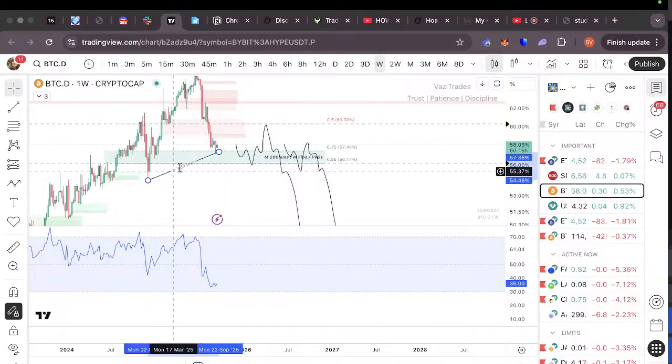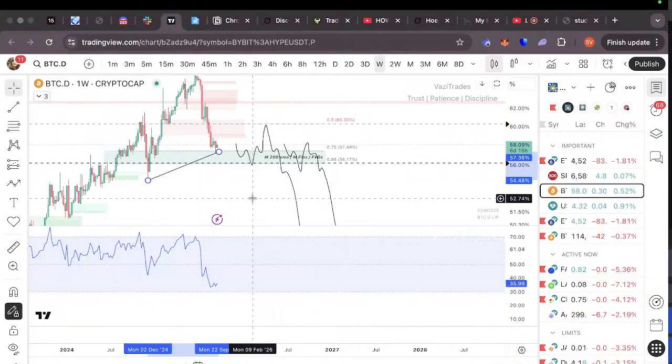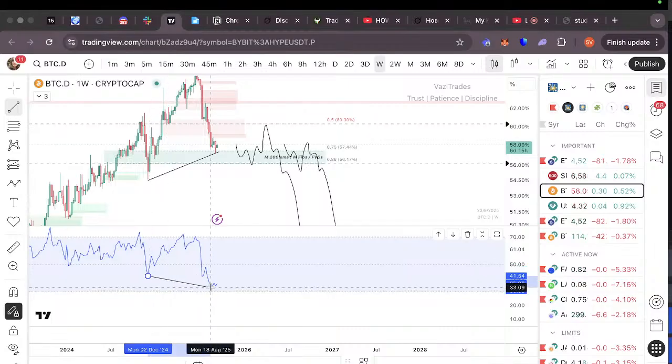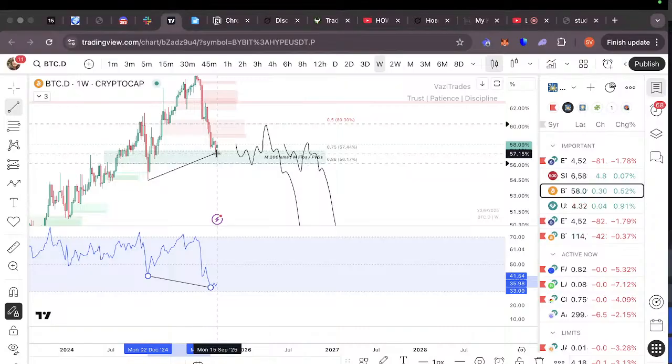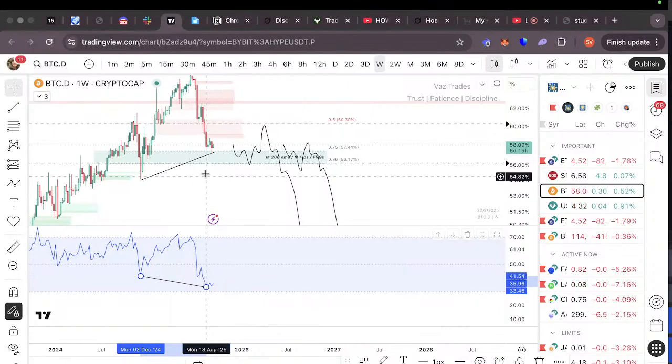So we can see that on the weekly close, this low is higher than what we see on RSI. Now let me put the lines here. So this is our December's low on the chart, and this is December's low on the RSI, and this is September's low on the chart, and this is September's low on the RSI, right?